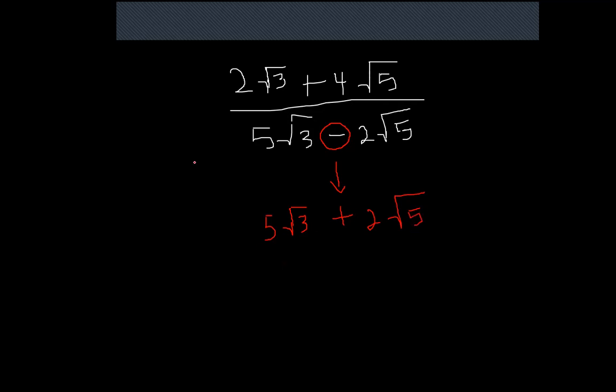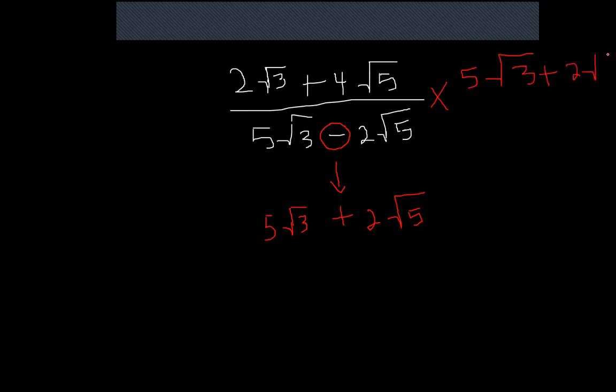And the rule says when I multiply the numerator and denominator by this thing called the conjugate, it's supposed to get rid of the surds in my denominator. So now let's see if that's true. So I multiply both numerator and denominator by this. We did this on Saturday.